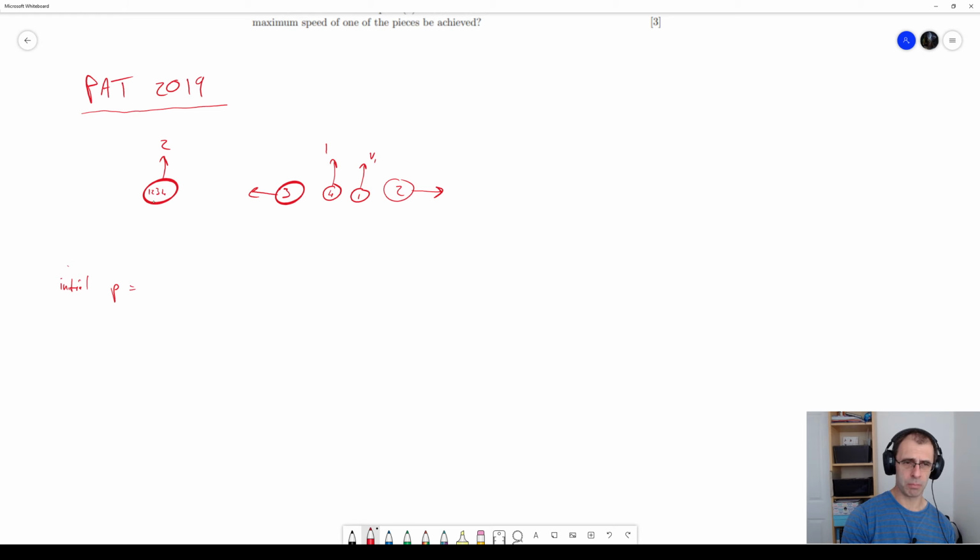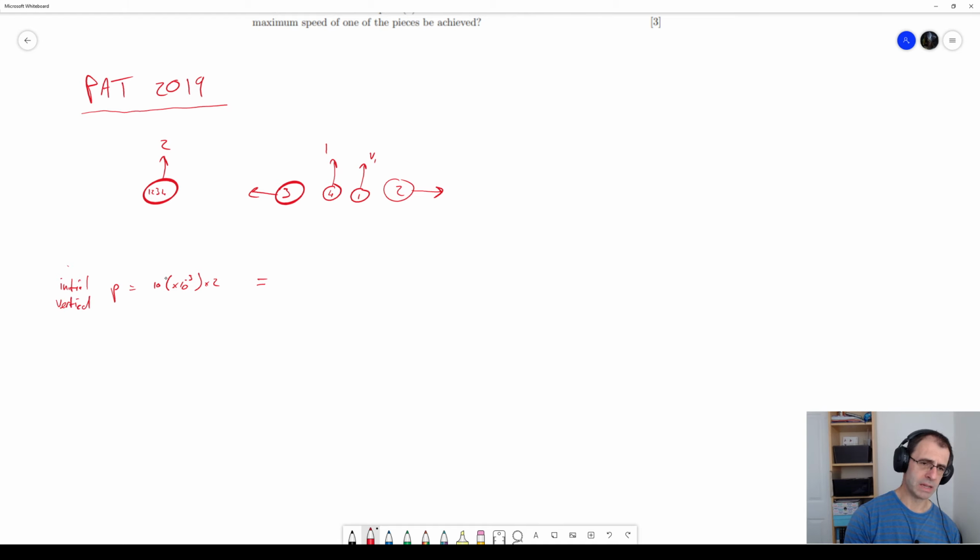The total mass is 1 plus 2 plus 3 plus 4, which is 10 grams, times 2. That must be equal to the final momentum. Now, I'm going to bear in mind that 3 and 2 are moving horizontally, so in the vertical sense they have 0 momentum. So let's do this vertically.